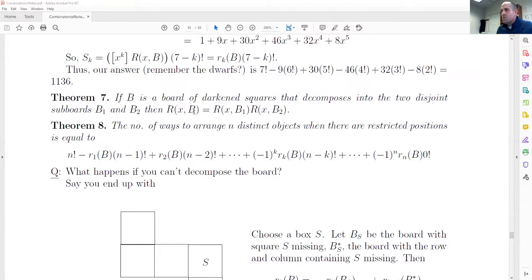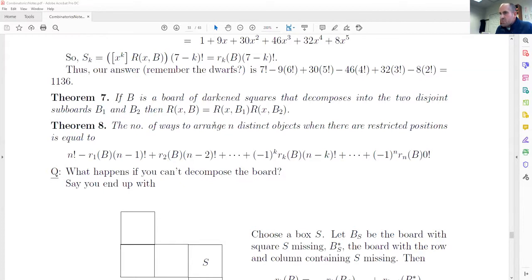Then the Rook polynomial of the entire board, if it can be decomposed into these two subboards, is just the product of the respective Rook polynomials of those two non-attacking subboards, okay?